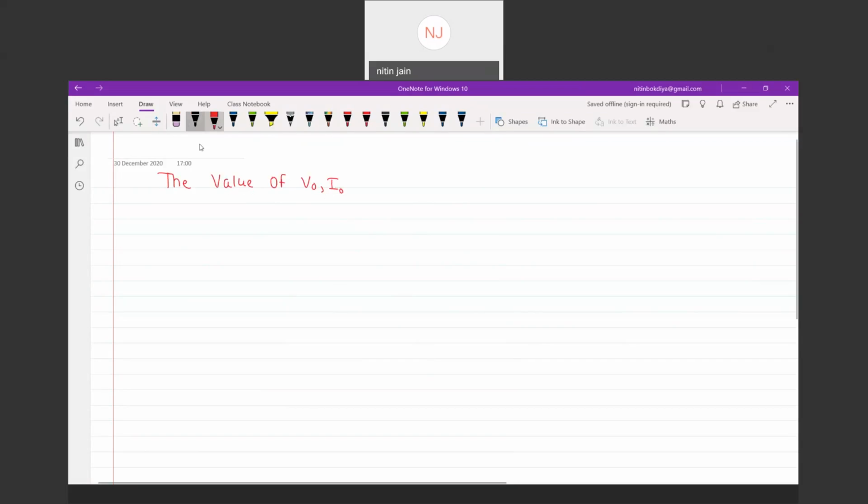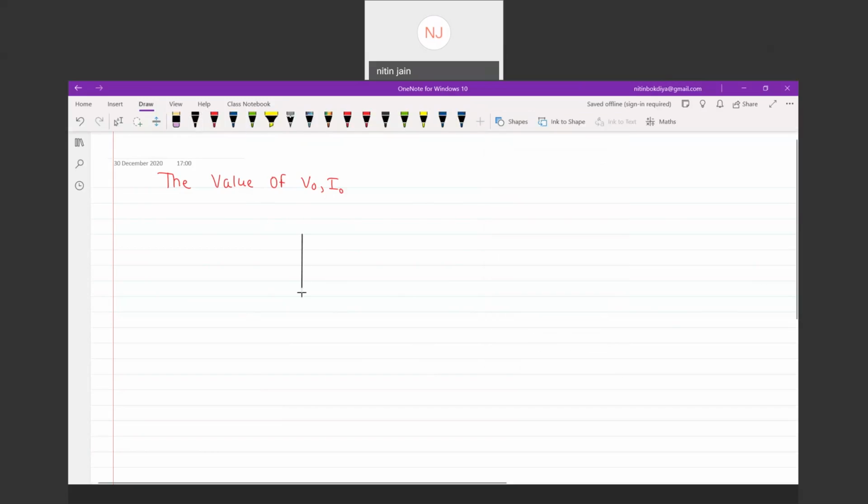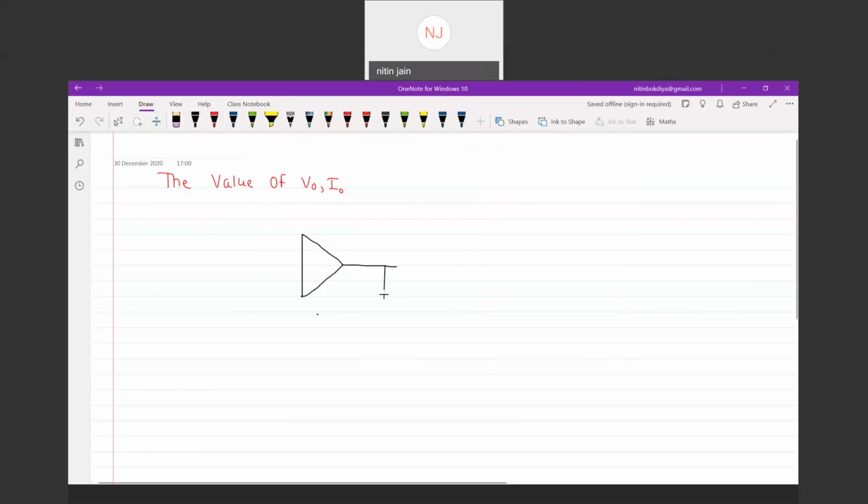And what is given? These are some of the tricky questions based on the subject. This resistance is 1 kilo ohm.